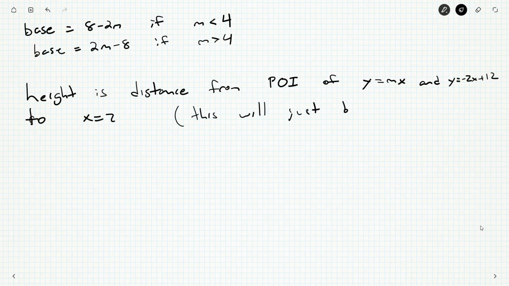But this will just be the x-coordinate of the point of intersection minus 2, and then absolute value.